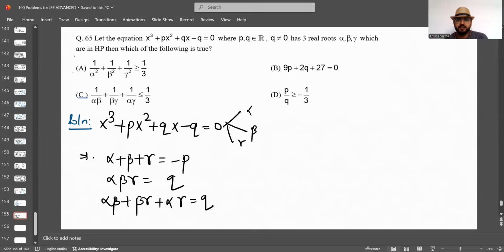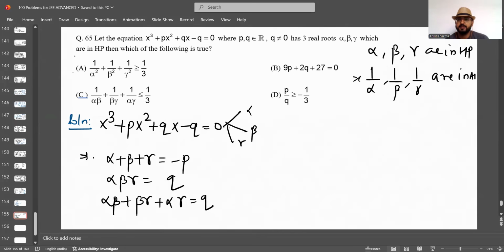Okay. Now since alpha, beta, gamma are in HP, that means 1 over alpha, 1 over beta, 1 over gamma are in AP. So since q is non-zero, that means none of alpha, beta, gamma can be 0.